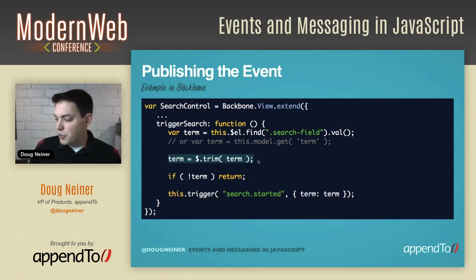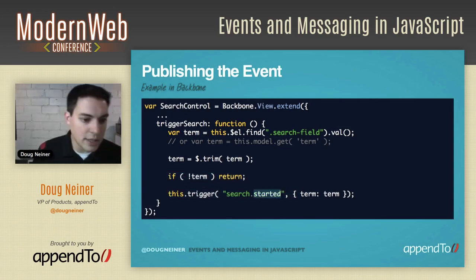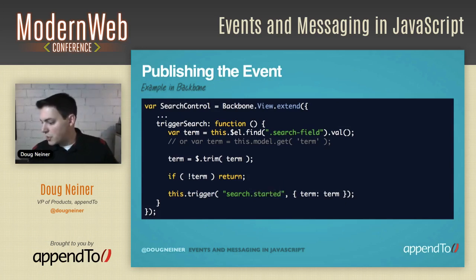We're going to use jQuery's trim method to remove any blank space that might be in there. Make sure a term exists, which is this line here. And as long as there's a term that exists, we're going to allow the code to continue, and we're going to call this.trigger search.started. And actually, I meant to say requested here. But search.requested with our term. And that's how that will output.